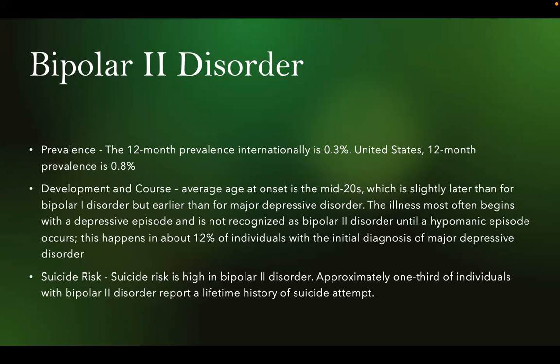So that's slightly later than bipolar 1 disorder, but it is also earlier than for major depressive disorder. So what can happen with this diagnosis is that it begins with a depressive episode and it's not recognized as honestly either bipolar 2 or bipolar 1 until that episode of hypomania or that episode of mania occurs.